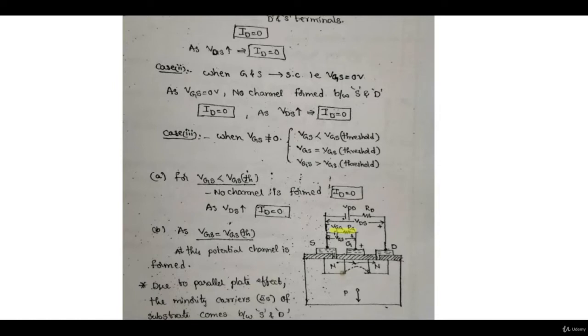Mind you, again I am telling you, VGS is used to control the channel. Here the channel is given, you can see this is the channel part. This will come into picture when you supply a proper VGS. Right now we are not applying anything, we are just keeping it open for case 1. So nothing will be applied across VGS, so there will not be any channel.